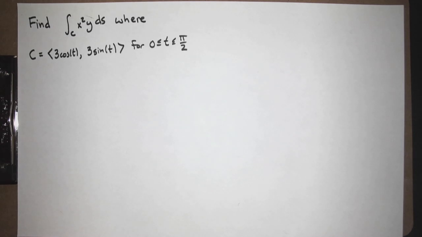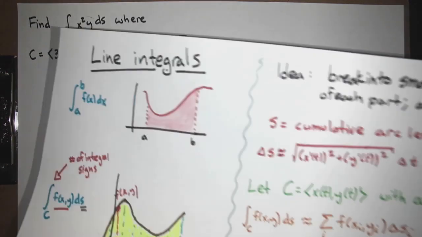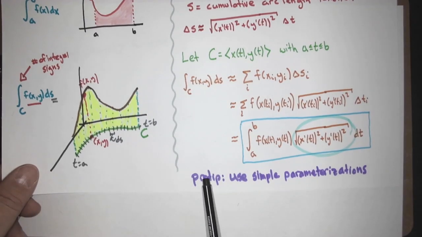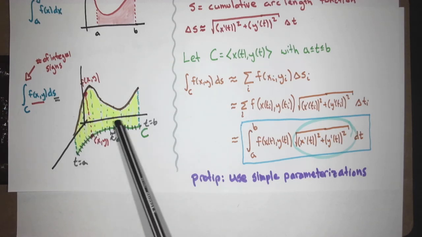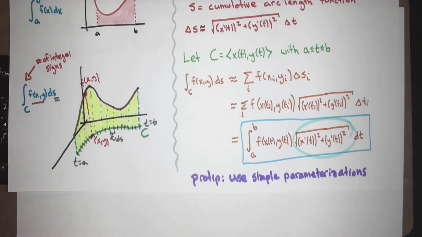Now, I realize I don't think I said something, which I probably should have said, is there's this suggestion down here, which is to use simple parameterizations. When you have a curve, there's oftentimes multiple ways to parameterize it. The integral doesn't depend on your parameterization.